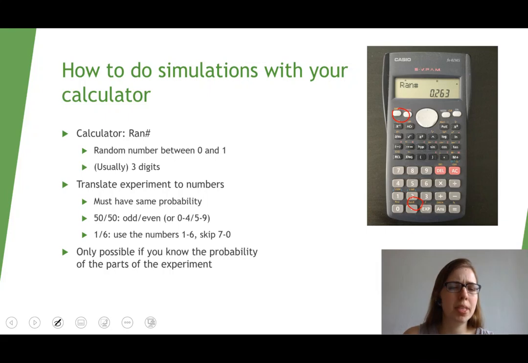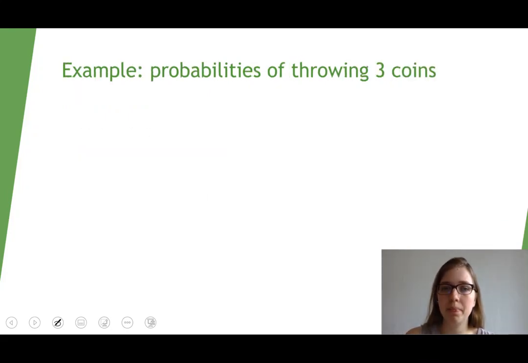Okay, now this all sounds a little vague, so let's get an example of this. Suppose I want to know the probabilities of throwing 3 coins. I know the separate parts of this. I know one coin is 50-50 probability, and I could find the probabilities by just throwing 1, 2, 3 coins a lot of times.